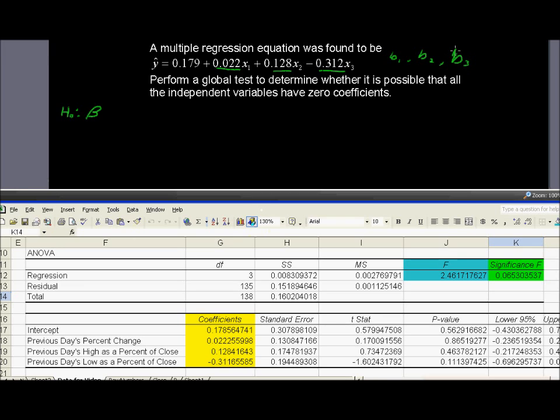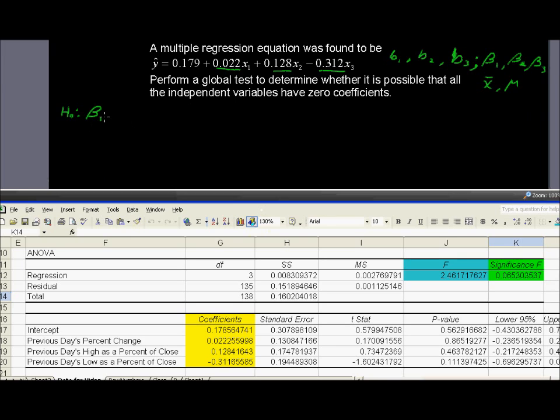And just like the mean is x bar, the sample mean, and the population mean is mu, with the multiple regression equation, you have b as our best guess. Think of it as the x bar, and then beta sub 1 is the true coefficient, if we had the population of all the stocks ever that will occur on trading days.